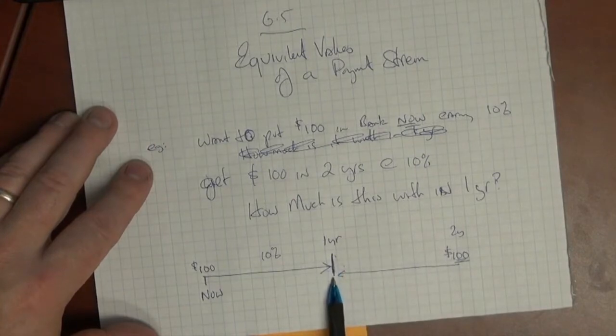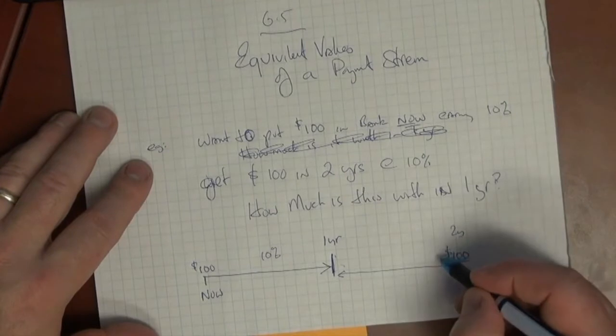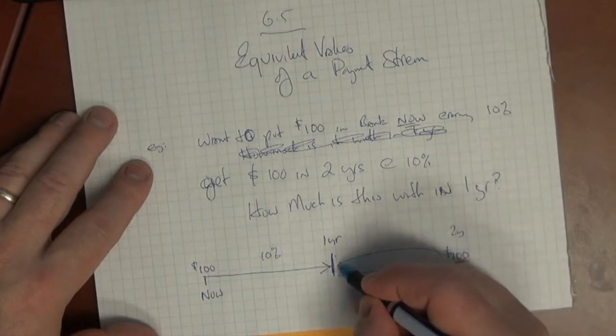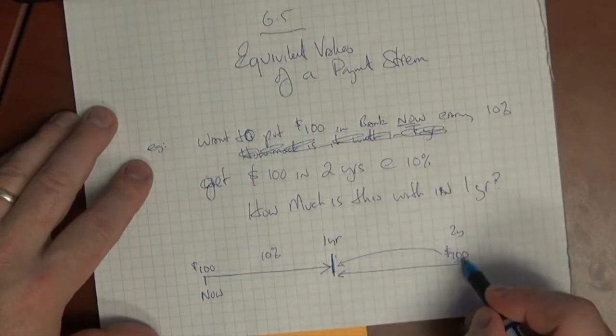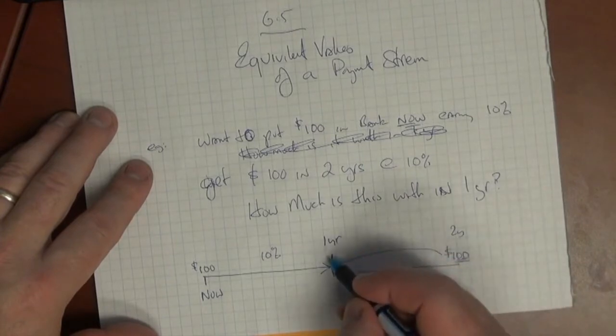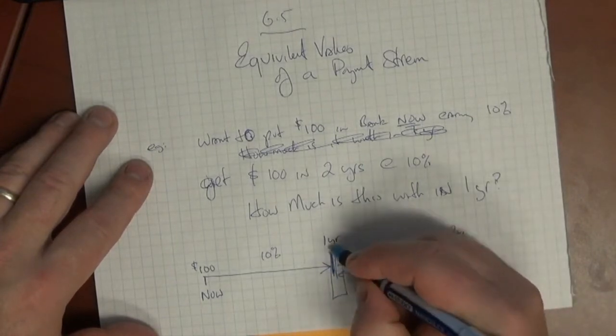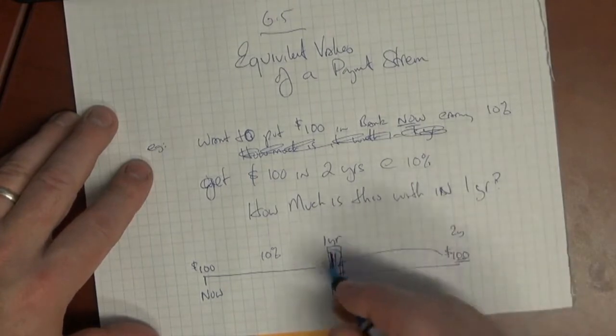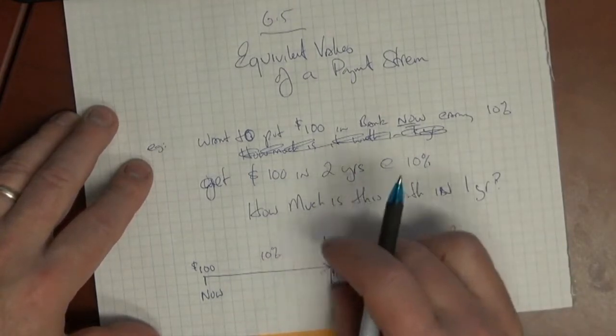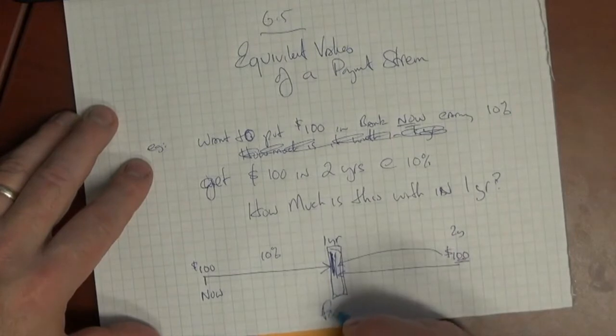How much would they have to pay me at year one for that? So in other words, we want to think about the value of that promise of $100 1 year forward, because this is the point of focus. This is the value we're trying to find, right here. This is called the focal point.